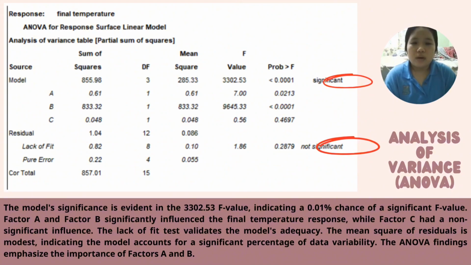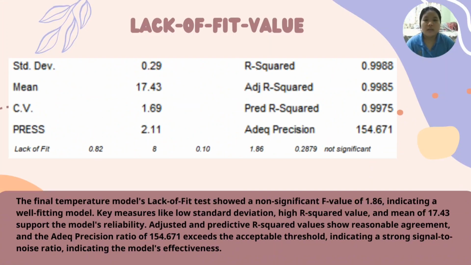The mean square of the residual is small, indicating the model accounts for a significant percentage of the data variability. The analysis emphasizes the importance of factors A and B. The final temperature model's lack of fit test shows a non-significant F-value of 1.86, indicating a well-fitting model.